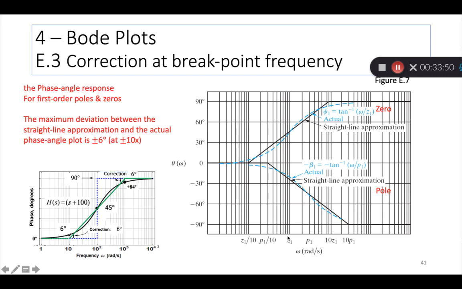If this is, let's say, P1, let's pick the pole, which is this portion. If P1 is here, then the maximum happens at 10 times that, which is somewhere here, and here the deviation is supposed to be plus or minus 6 degrees.